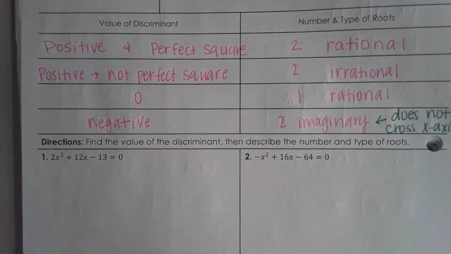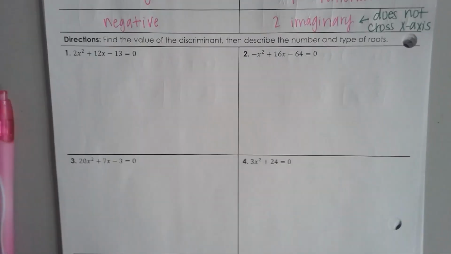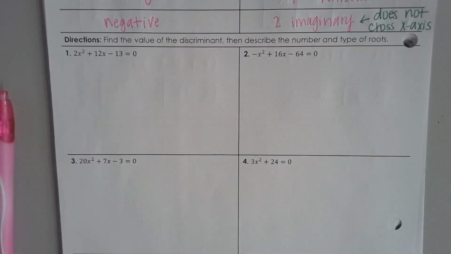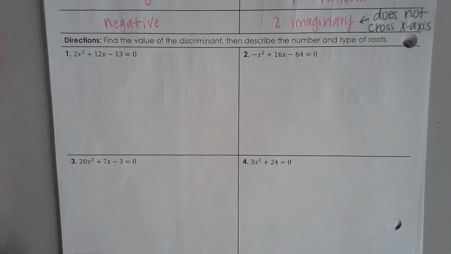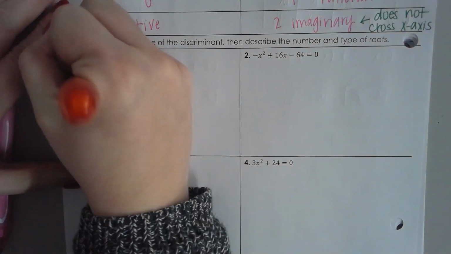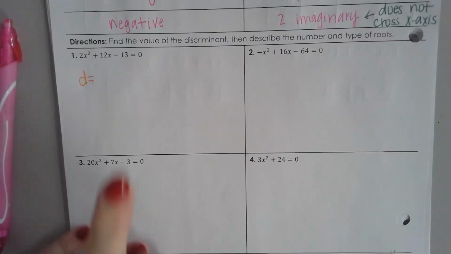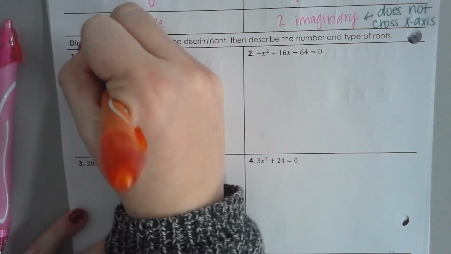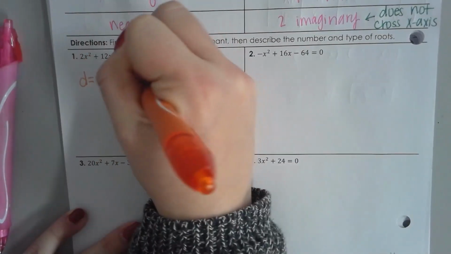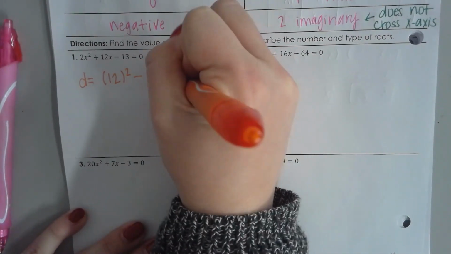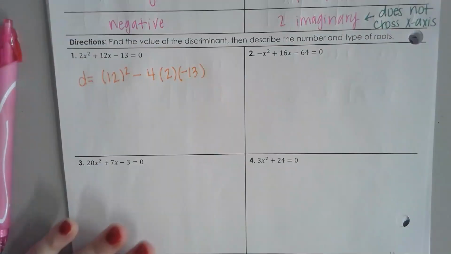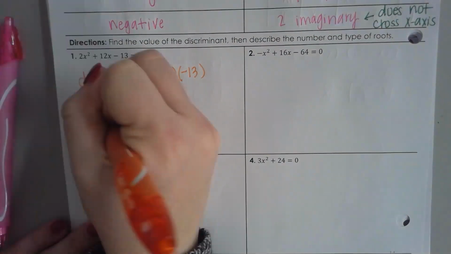We're going to find the discriminant. So the discriminant itself is the number. The discriminant tells us how many x-intercepts and what kind of x-intercepts they are. So if we're looking at number 1, the discriminant, I'm going to do b squared, so 12 squared minus 4, a is 2, c is negative 13.